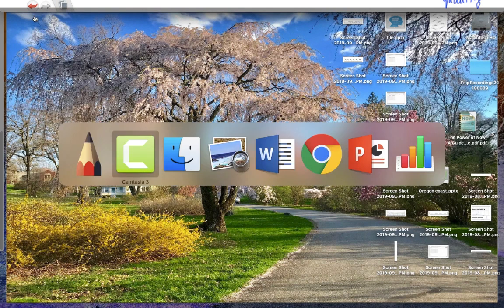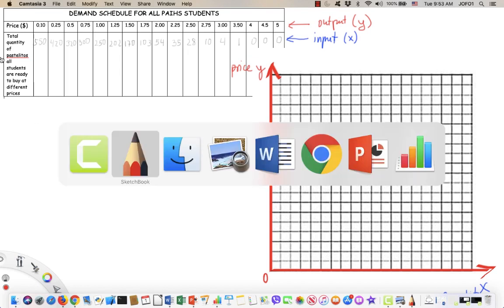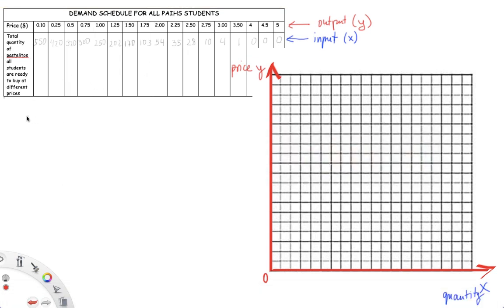One second. So we're going, on the y-axis, from 0 to $5. And we're going up mostly by 25 cents, 0.25.